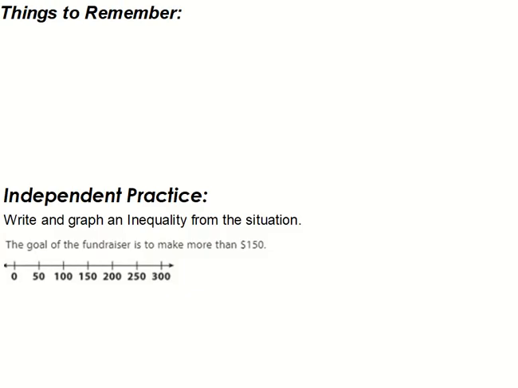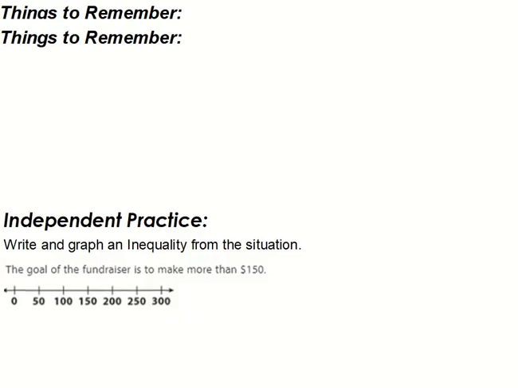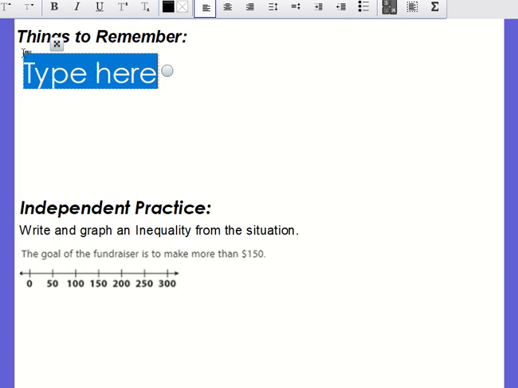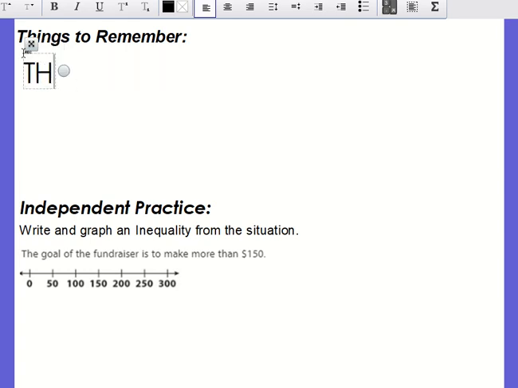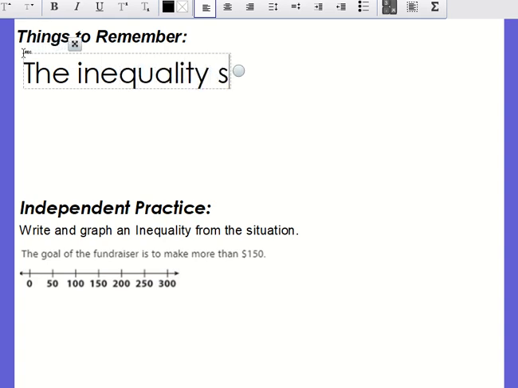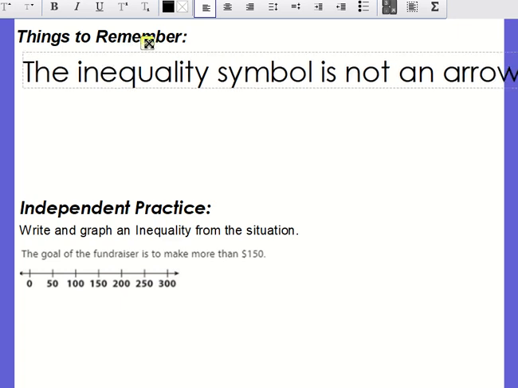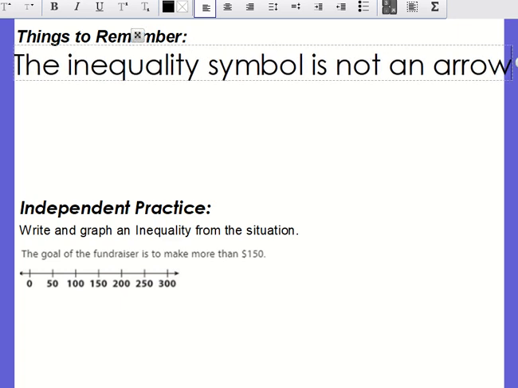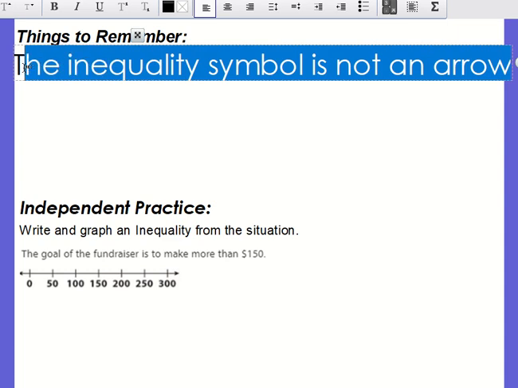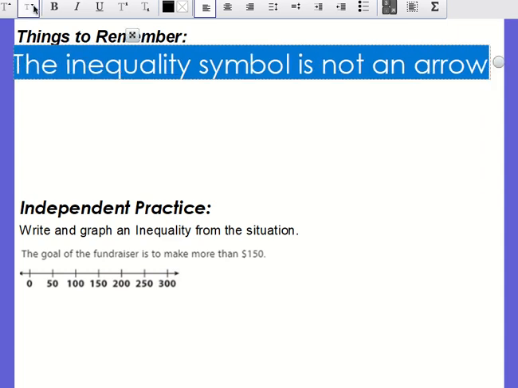So remember, the inequality is not an arrow. Okay, we need to make that very clear. The inequality symbol is not an arrow. Okay, make that a little bit smaller so it fits on the screen.